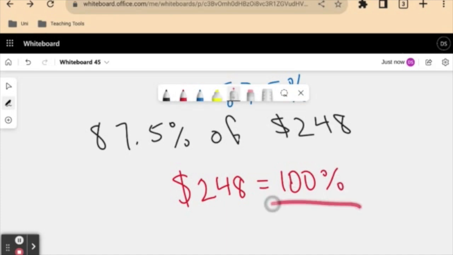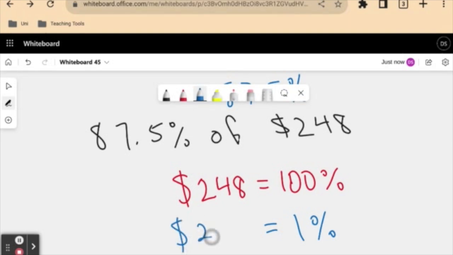Now, to get from 100 to 87.5, the easiest thing to do is to reduce this to 1%, because as we talked about in that unitary method video, the number 1 is really handy because we can get to it easily and we can get to other numbers easily from that. So I'm going to divide both sides by 100 to give me 1%. So 1% equals, when 248 is divided by 100, $2.48.